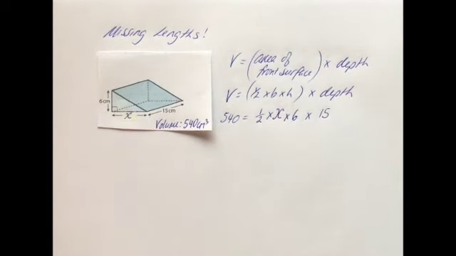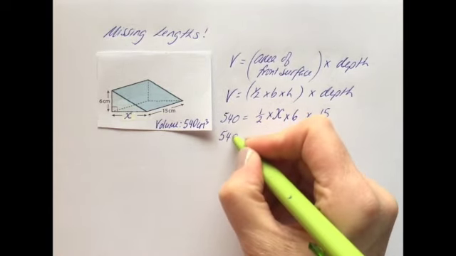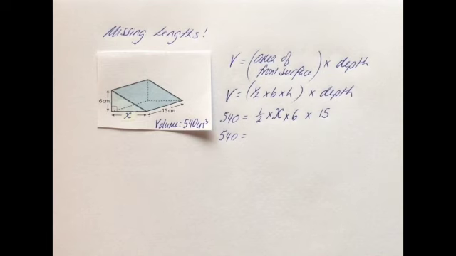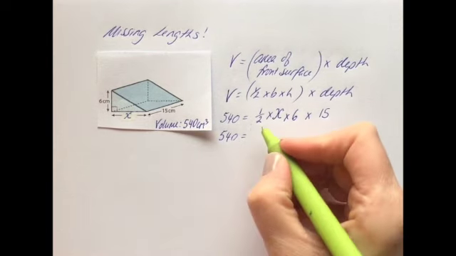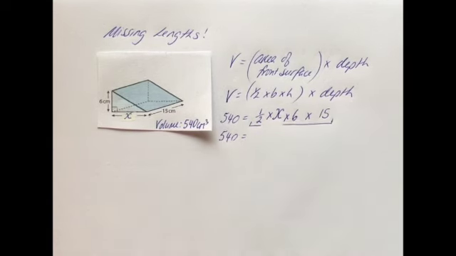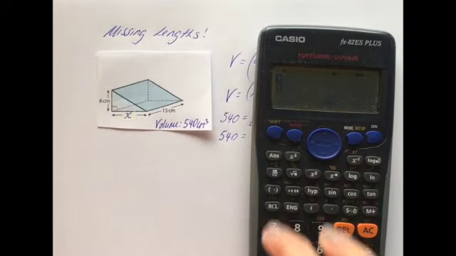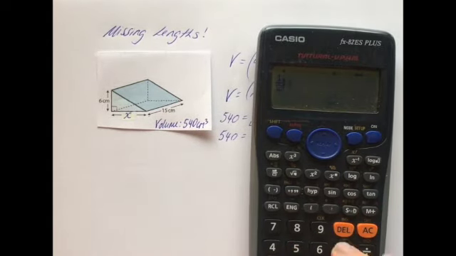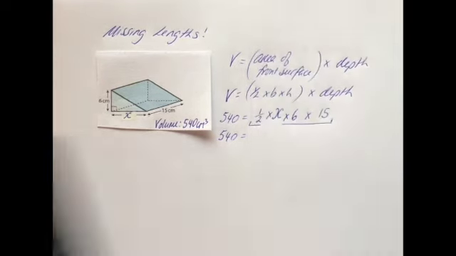Okay, so now what I'm going to do next, I have 540 here on the left hand side, and the bit of working out I can do on the right hand side is the half times the 6 times the 15. So I'm going to work out a half times 6 times 15, and that gives me 45.